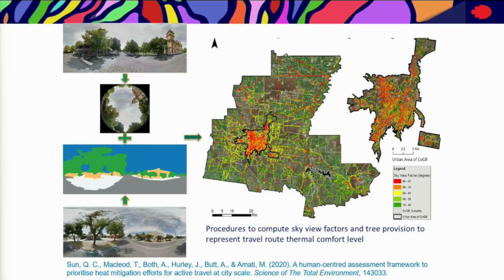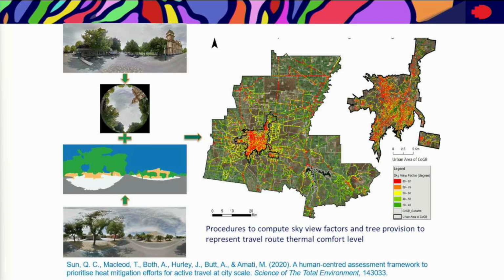We used reverse projection with 360 imagery to get the sky percentage every 10 meters along the street. If they walk along the street, how much sky can they see, how much greenery can they perceive? That is an important indicator to understand the streetscape of the city.